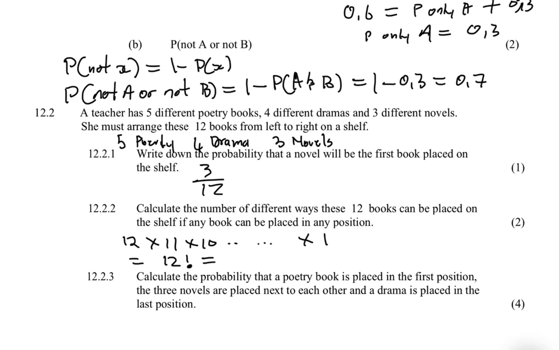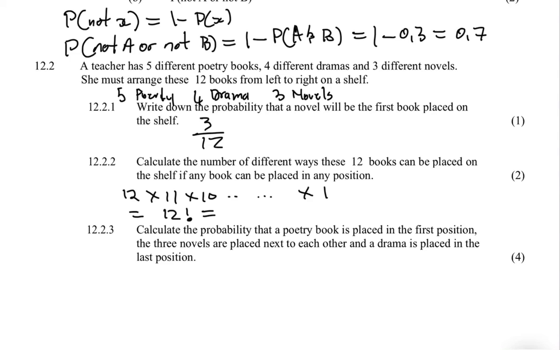And then 12.2.3 says calculate the probability that a poetry book is placed in the first position, the 3 novels are placed next to each other, and a drama is placed in the last position. Okay, so we've already established that if you want to arrange all the books, you have 12 factorial, because you have 12 positions, 12, 11, 10, going down until you're only left with 1 position.